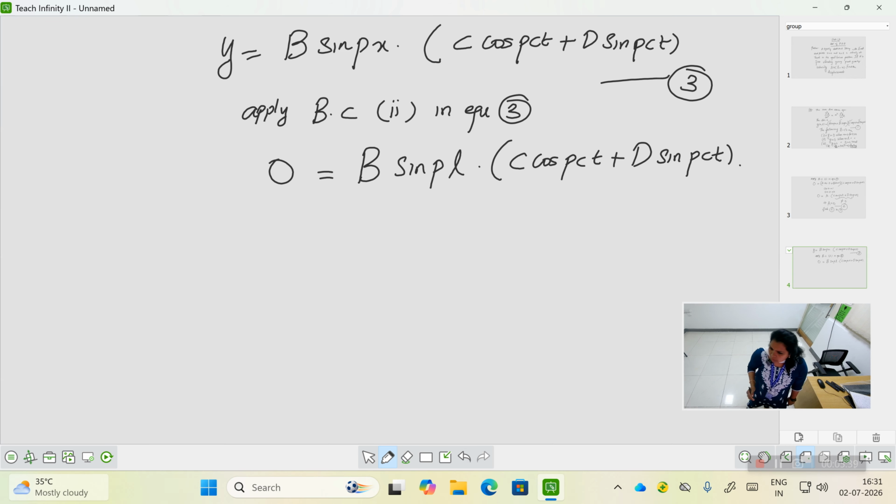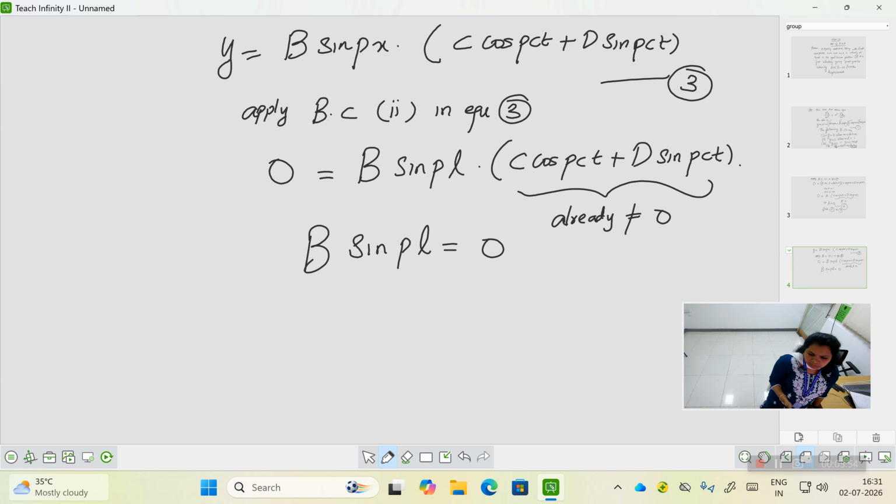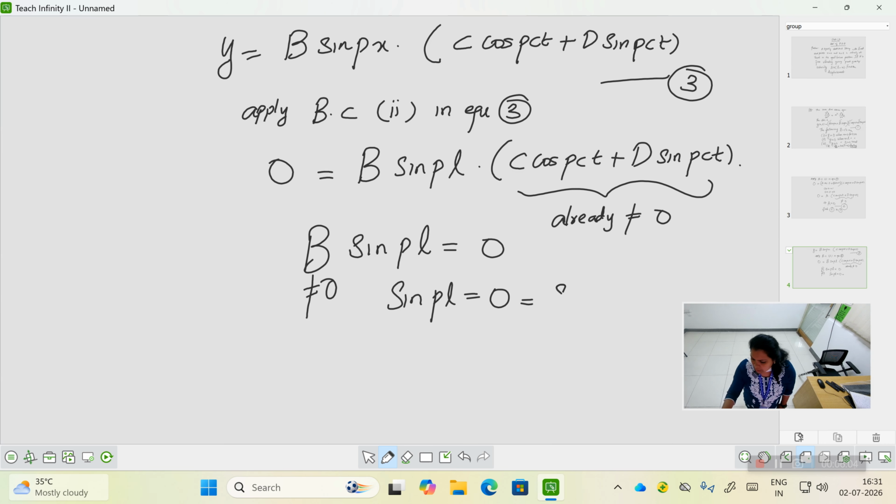Already we know this is non-zero. So what is your condition? b sin pL is equal to 0. We have to get the constants only. But if b is 0, once again you are getting 0. So this is non-zero. So what do you get from here? Sin pL equal to 0, which is sin n pi.